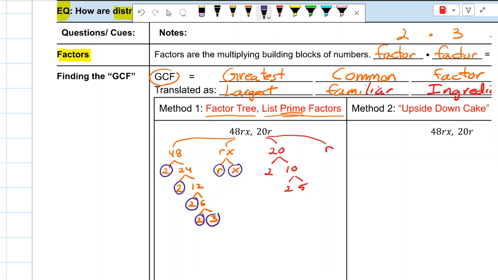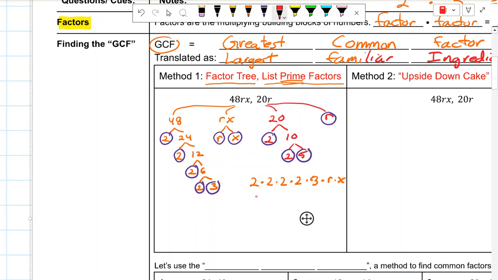So the prime factorization of 20R is 2, 2, 5, and R. Now if we list each of these out as 2 times 2 times 2 times 2 times 3 times R times X, that's for our 48Rx. And we also list out 20R in prime factorization, 2 times 2 times 5 times R.